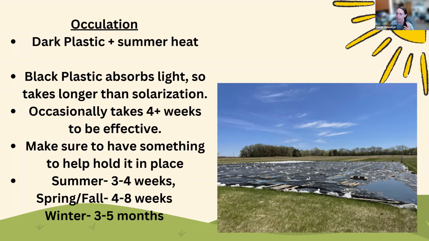Also keep in mind that the type of tarp matters. You're going to want a nice thick tarp. So if you were to buy one from a cheaper store and it's woven and you can see those little woven pieces in there, it's going to break down before it actually is finished for the summer. And then you're going to have microplastics and it's just going to be messy.